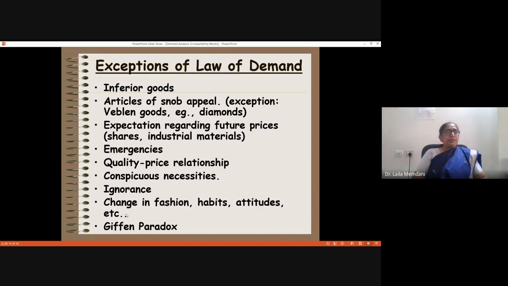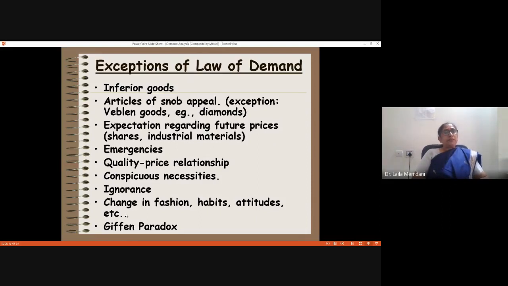Like if people expect that there is going to be another lockdown and the essential supplies will not be available, or maybe the vegetable supplies you will not get once the lockdown is imposed, so even if now the price is higher, people will buy more. Normally, as per law of demand, people buy less when the price is high. But when people are expecting further rise in prices, or shortages, they will buy more.